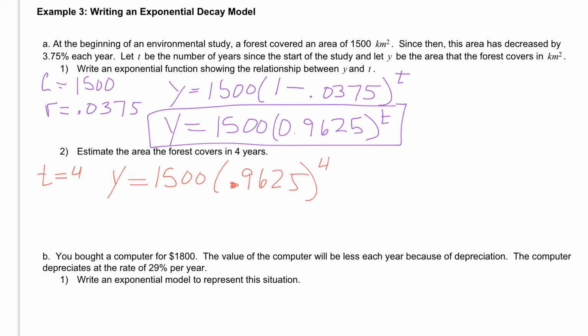Now make sure you're plugging this into your calculator as well. If you need to hit the pause button, go ahead and do that. But if you plug it in correctly, you should get 1,287 kilometers squared. Since we're talking about area, we're talking about kilometers squared. And again, it tells you that Y is in terms of kilometers squared up at the top.